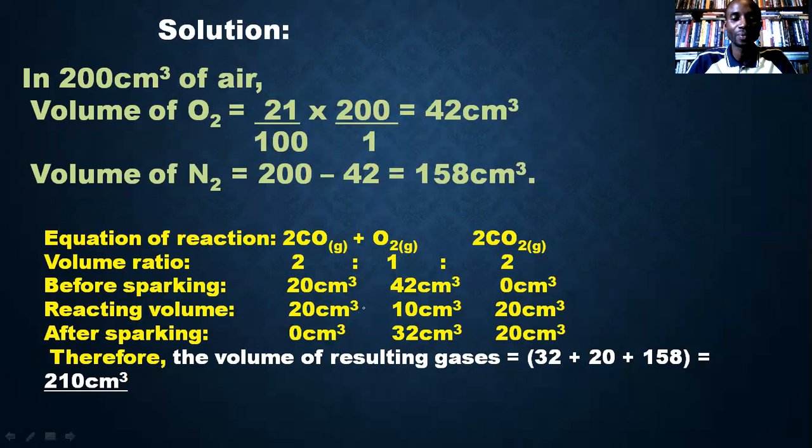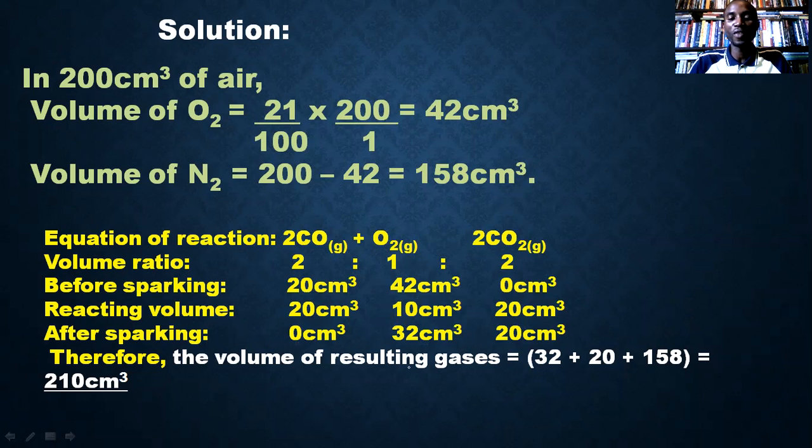That means 20 of carbon 4 oxide; carbon 2 oxide will need half of itself. That means 10 of oxygen, meaning that after sparking, oxygen is going to have 32 left, based on the equation for the reaction, and what we will have after sparking in the carbon 4 oxide is 20.